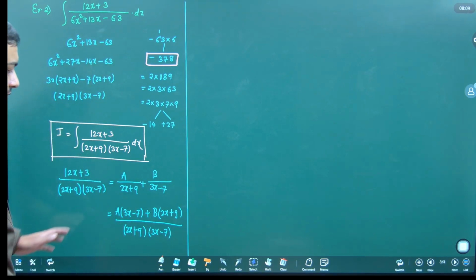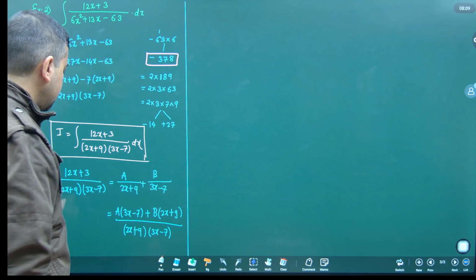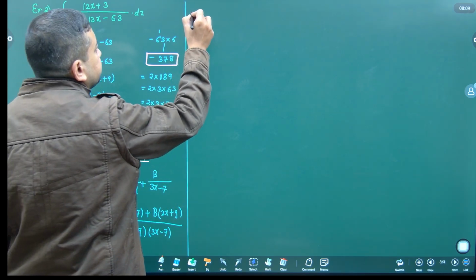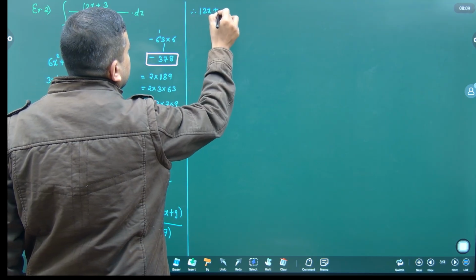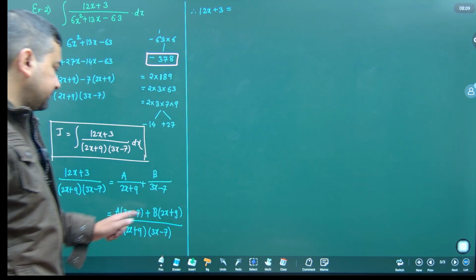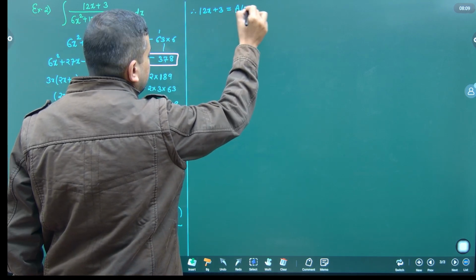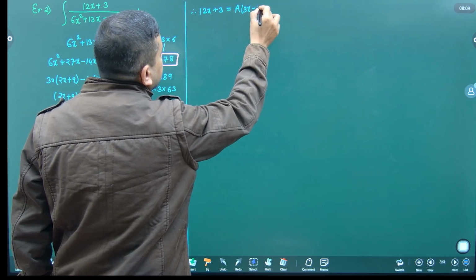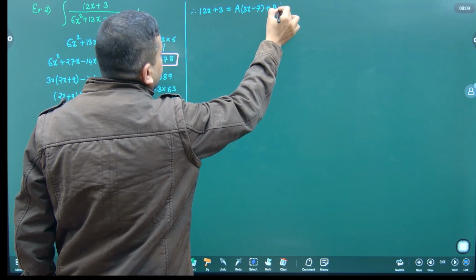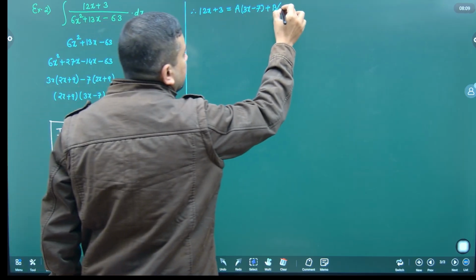So equate the numerator. What is the numerator? 12x plus 3 is equal to A(3x minus 7) plus B(2x plus 9). Is this correct?